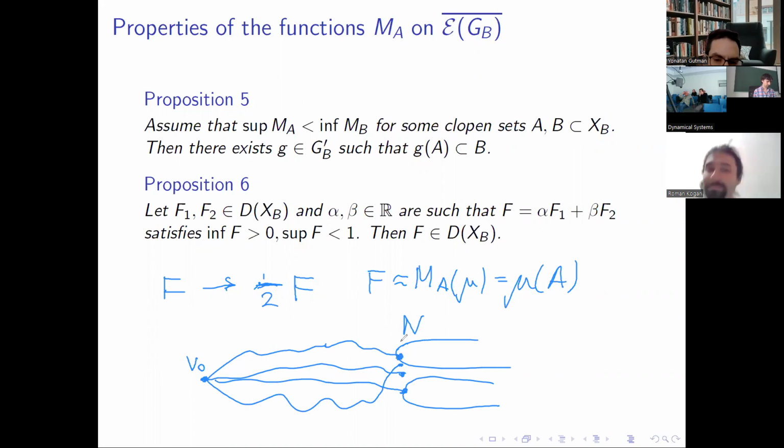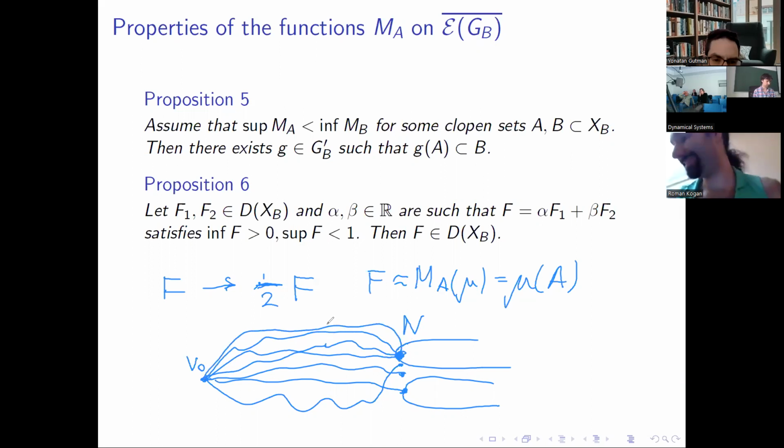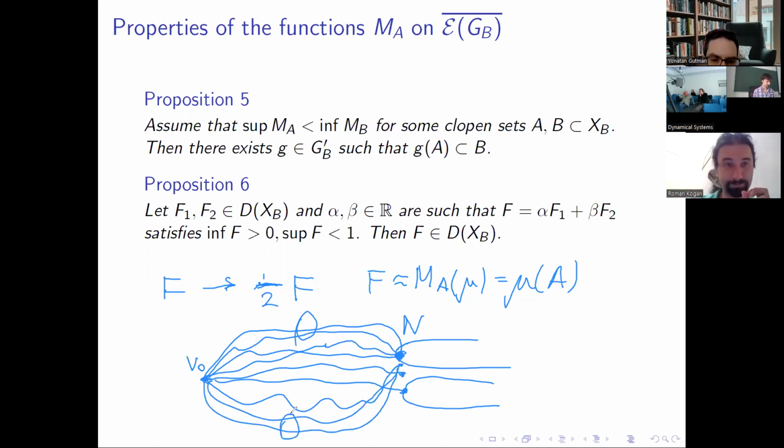And then for each vertex of level n, inside A will be many cylinders corresponding to paths between these two vertices, and we just divide this set of paths approximately in half, and take approximately half of these paths and put them in B. So we construct a set B, which is in some sense approximately half of the set A, and then MB will be approximately equal to 1/2 of MA. So this is a simple idea.